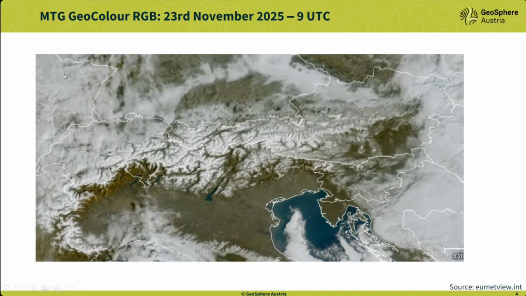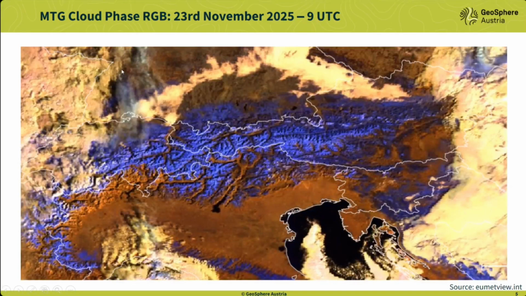For example, the MTG cloud phase RGB, and you can nicely see it here in these bluish colors. You can clearly detect where there is snow on the ground, so on the Alps, as we have already seen before, but also here there is this border of the low stratus, and next to it there's the snow on the ground, and you couldn't really differentiate it in the image before in the geocolor RGB.